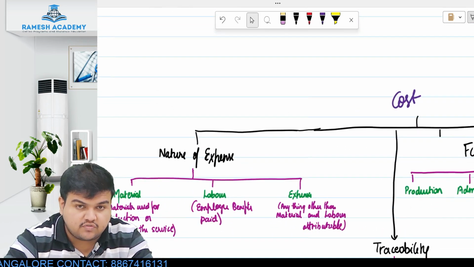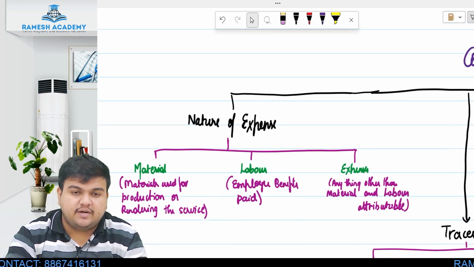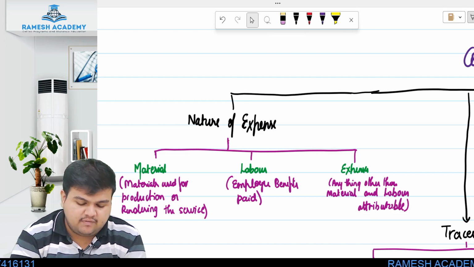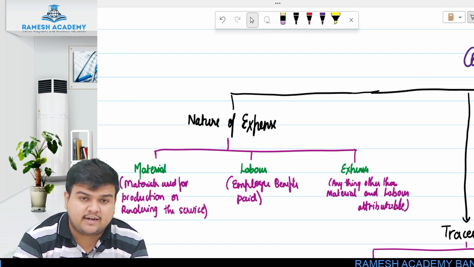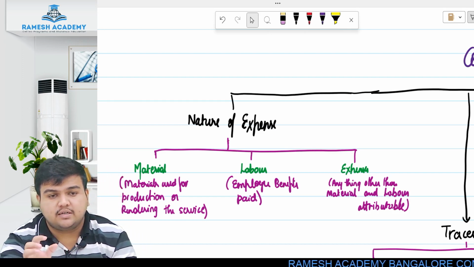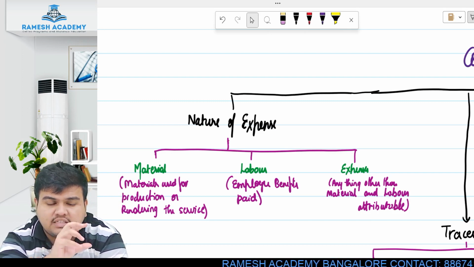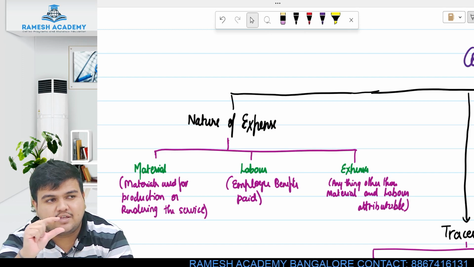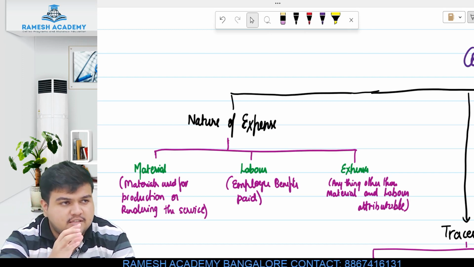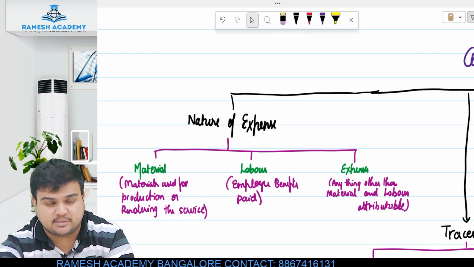First, based on the nature of the expenses that we incurred, we divide the cost into material, labor, and expenses. Material is used for production and rendering services. How do you classify? You classify the cost based on the nature of the expense incurred, whether it is in the nature of material, labor, or expenses.